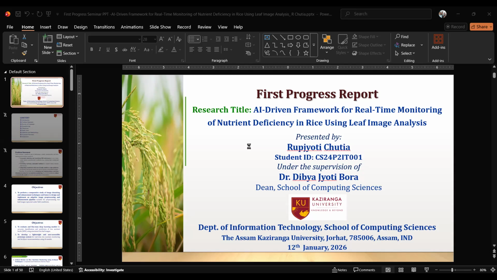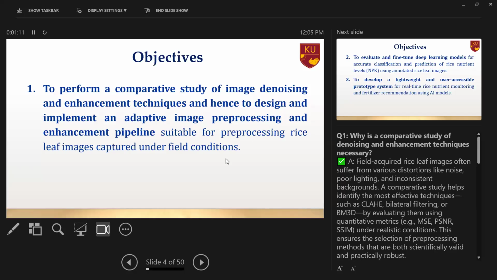First, I want to recap the objectives of this PhD research work. The first objective was to perform a comparative study of image denoising and enhancement techniques, and hence to design and implement an adaptive image preprocessing and enhancement pipeline suitable for preprocessing rice leaf images captured under field conditions.